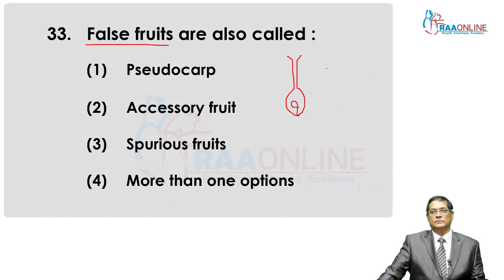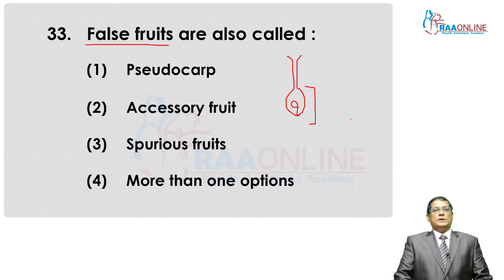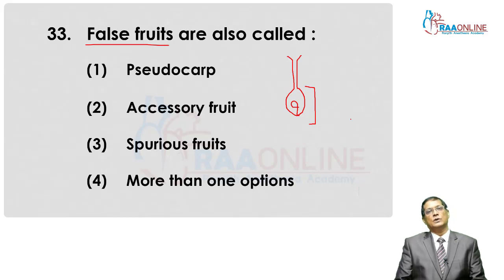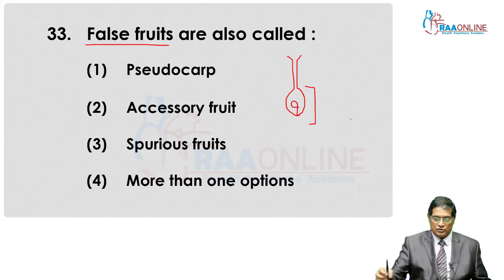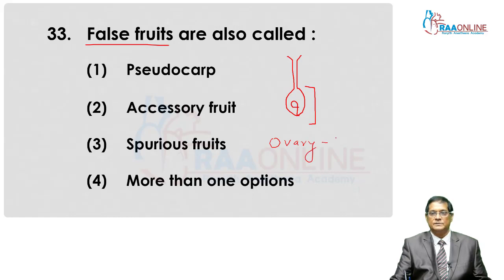If a fruit develops from the ovary, the ovary may be monocarpellary, bicarpellary, tricarpellary, but if the fruit develops from the ovary, such fruit is known as true fruit. Any fruit which develops from the ovary is known as true fruit.